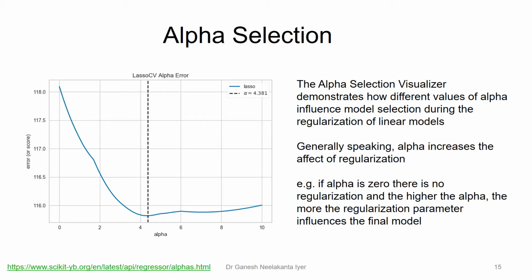So alpha selection visualization demonstrates how different values of alpha influence the model selection during regularization of linear models. Alpha increases the effect of regularization. So if alpha is 0, there is no regularization, and the higher the alpha, the more the regularization parameter influences the final model.